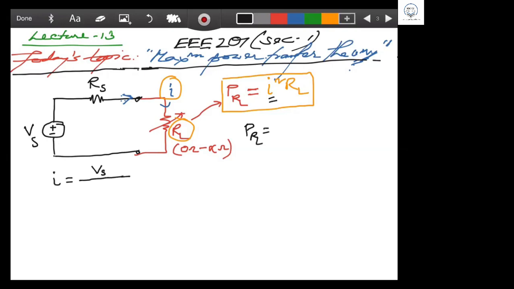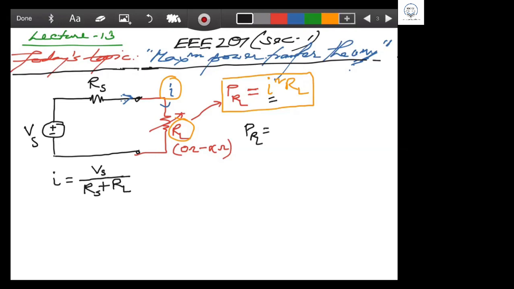Even a child could tell the answer. Ohm's law: simply the voltage divided by the resistance, and the resistance in this case is RS plus RL. So Ohm's law says V by R equals I. Everybody got it? Yes, sir. Good.